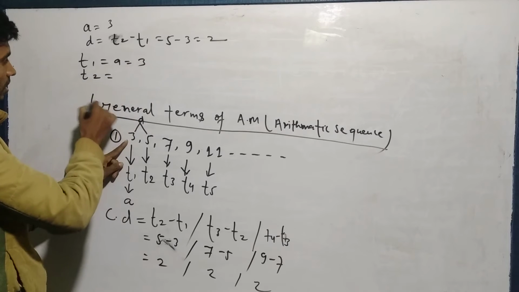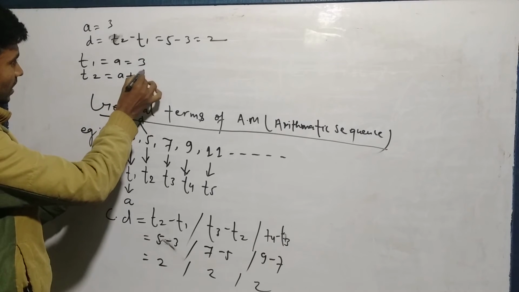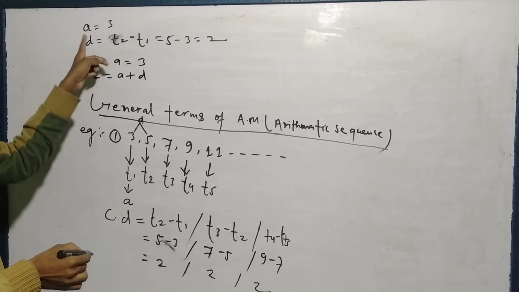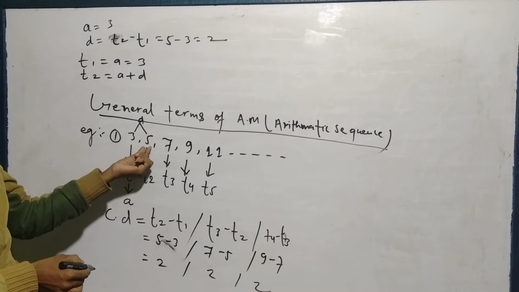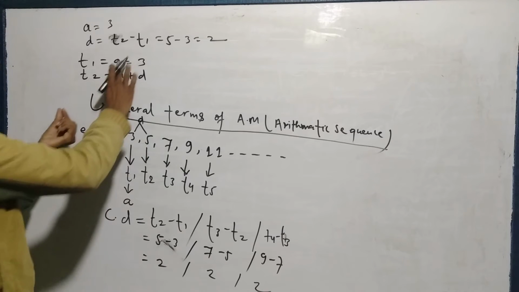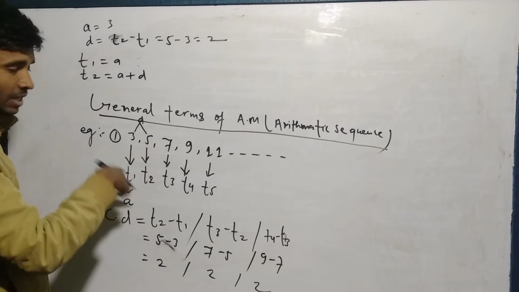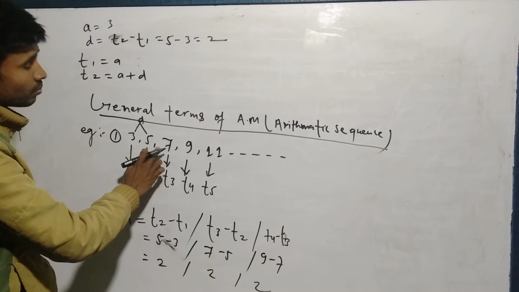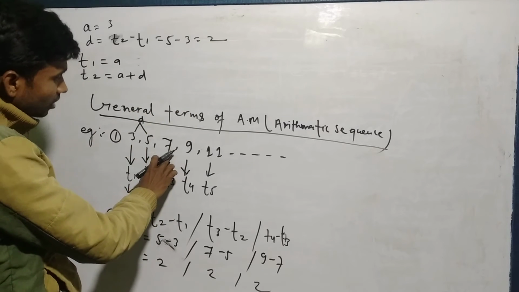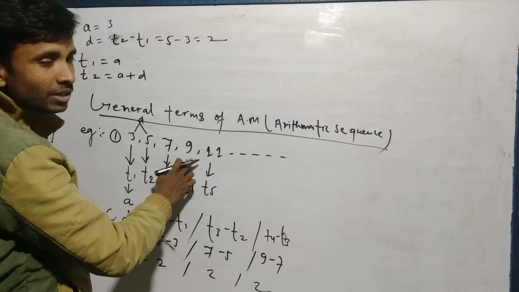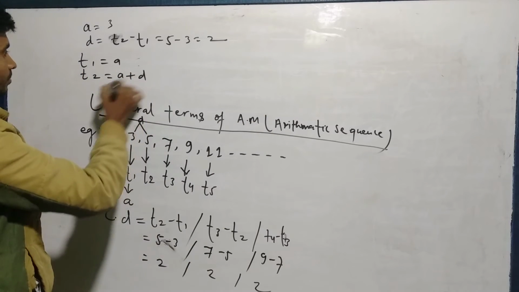The value of A is 3, so A plus D. It means to the first term you add the common difference, then you get the second term. Similarly, to the second term you add the common difference, then you get the third term. And to the third term you add the common difference, then you get the fourth term. This is the process as shown.